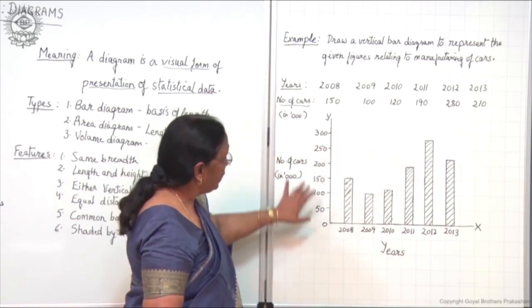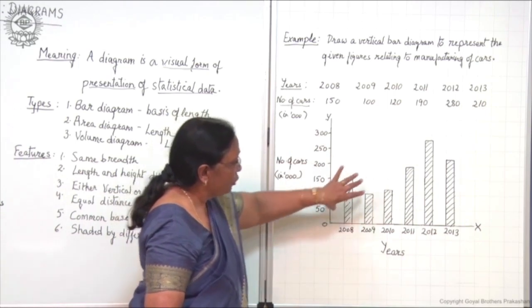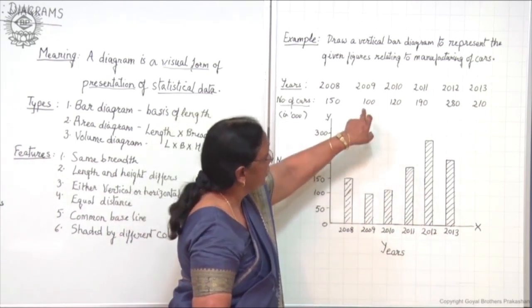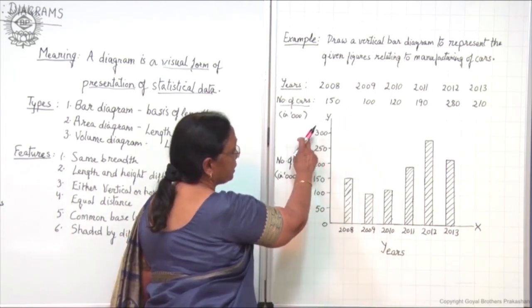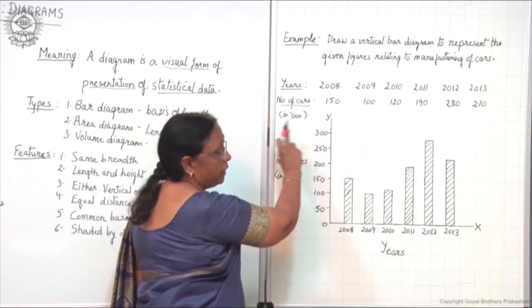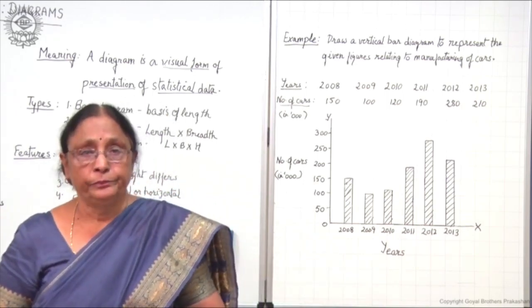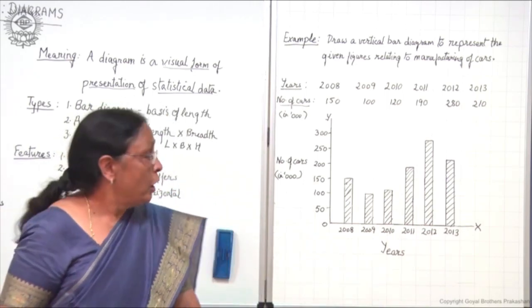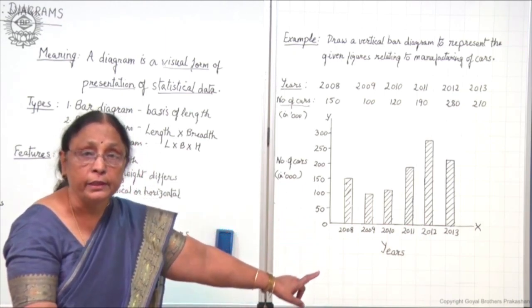You have to divide the axis equally, because when you are dividing the axis you have not drawn the bars. Bars are drawn on the basis of these figures but not the axis. Only the upper limit is considered over here, that till what figure we need to take the length of bar, right. Now OX axis, that is showing the years.